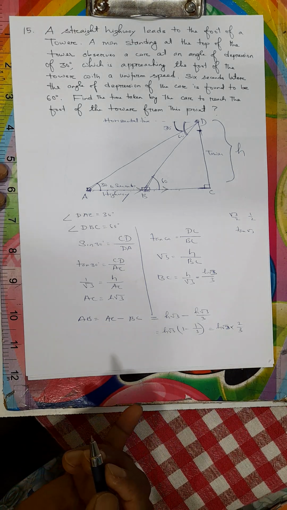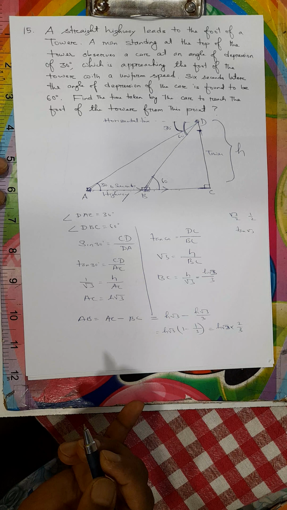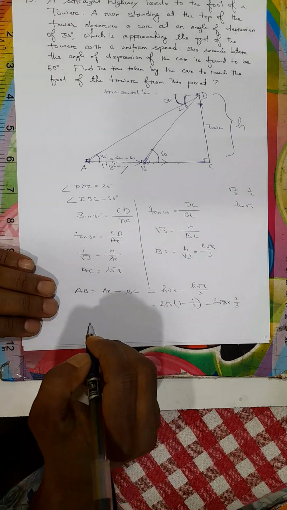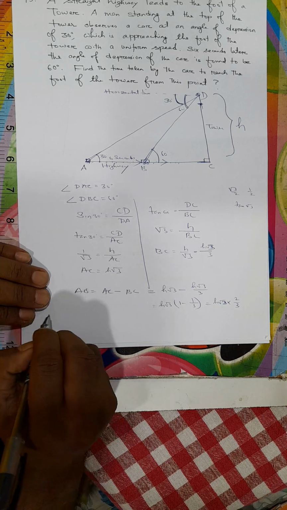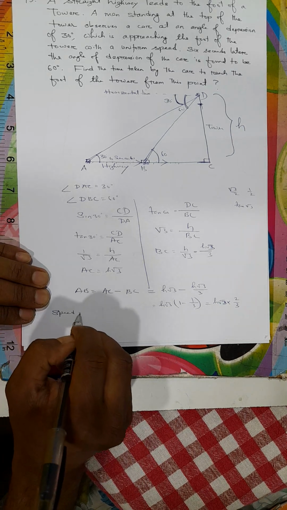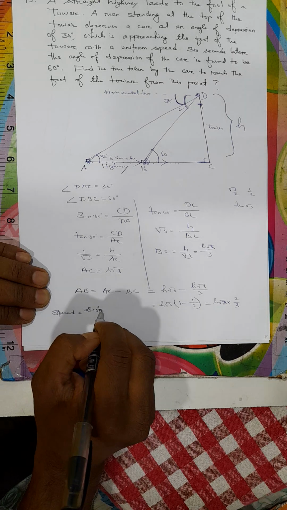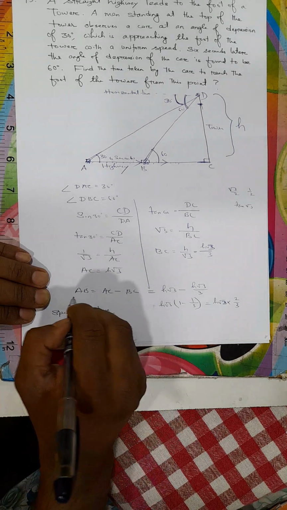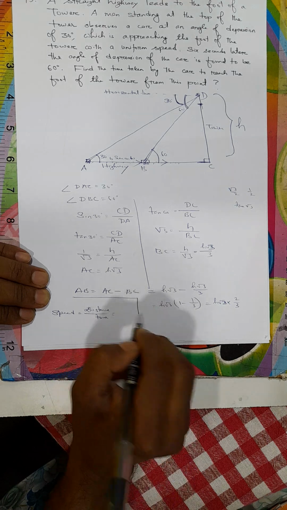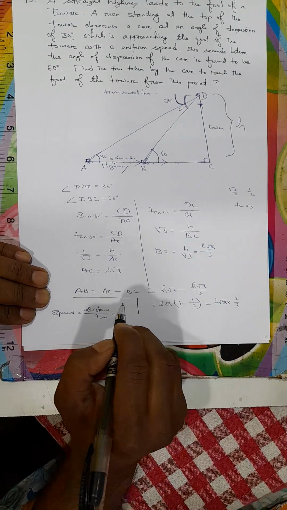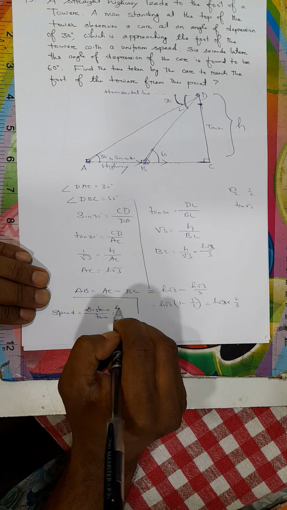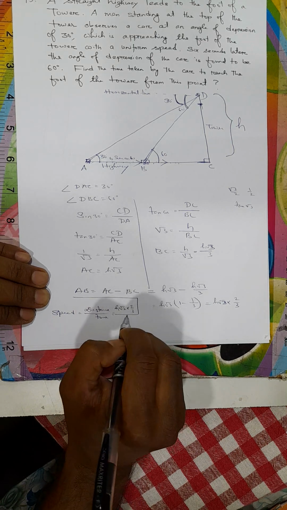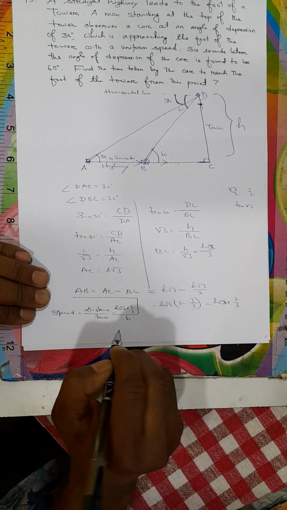Now let us find the speed of the car. What is the speed of the car? Speed equals distance divided by time, right? So the speed of the car is, distance means AB, h root 3 multiplied by 2 by 3, divided by 6 seconds.